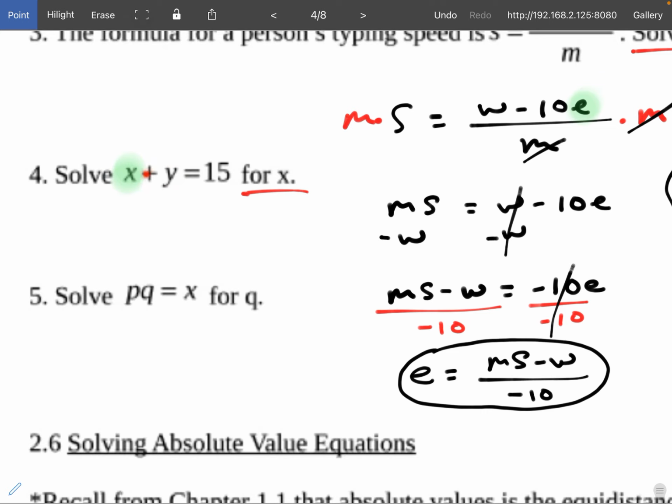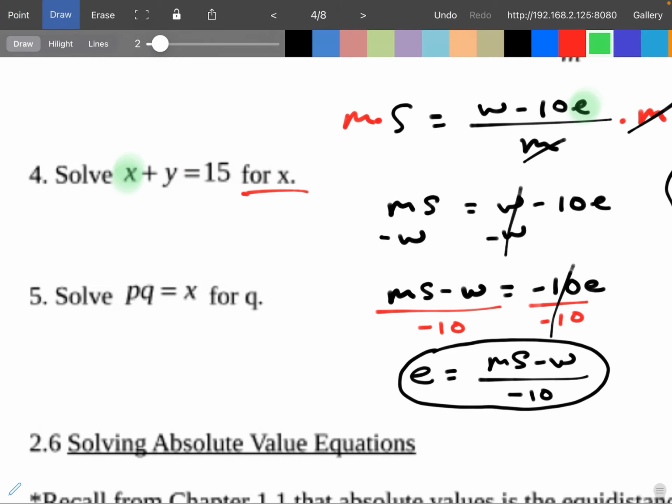So how do I get rid of this y right here? It says plus y. Who was that? Damien, that's good, yeah. We'd subtract y on both sides. That's all we've got to do.